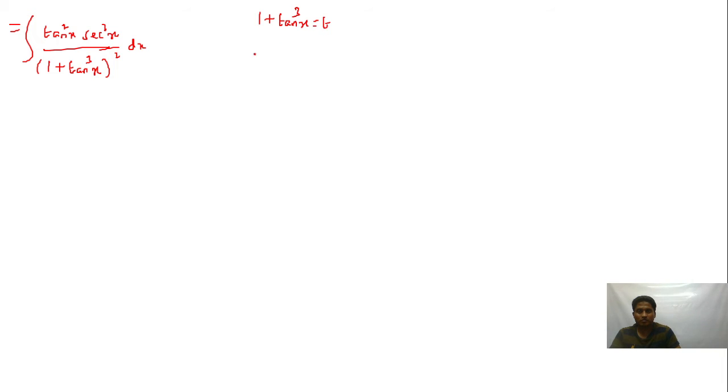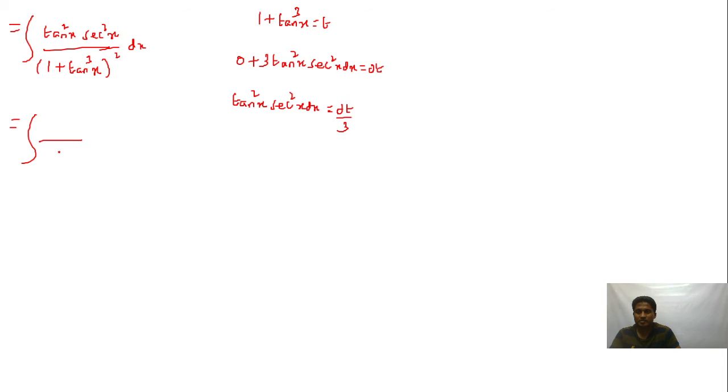Differentiation of 1 is 0. Differentiation of tan cube x is 3 tan square x, and then differentiation of tan x is sec square x. Sec square x dx is equal to dt. And from this I can write tan square x into sec square x dx is equal to dt by 3.